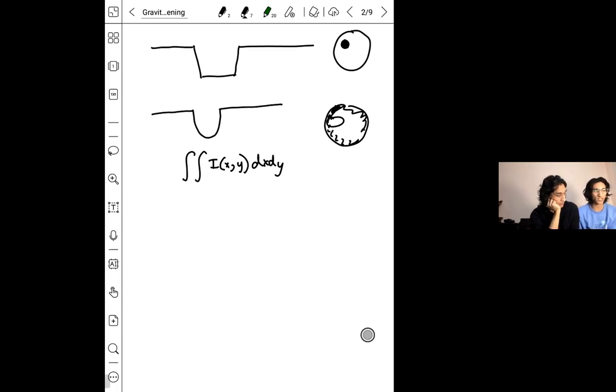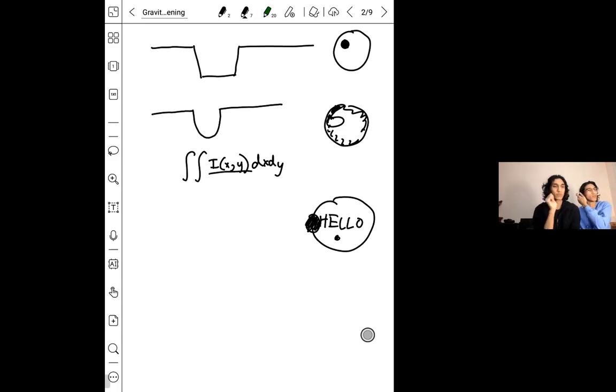The problem is exactly the same. You're doing the same double integral over the visible surface of the star, but you have to be able to represent the stellar intensity, this quantity I(x, y), right? You have to be able to represent that surface. So in our paper, we do that.